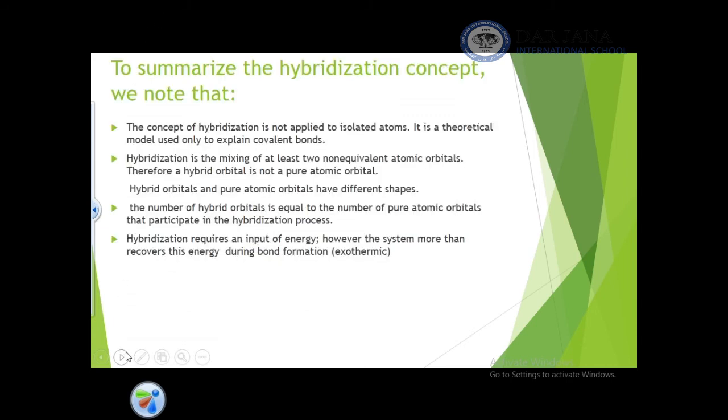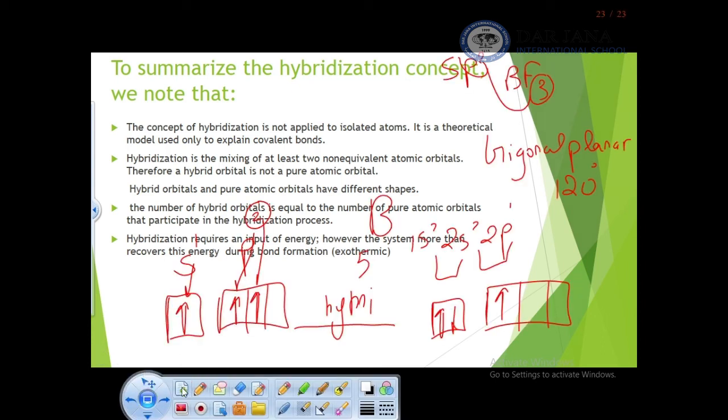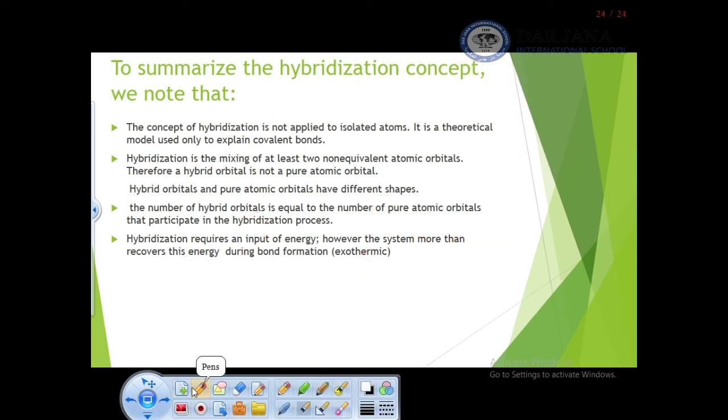So to summarize everything, the concept of hybridization is not applied to isolated atoms. That's an important thing we should know. Two, it's a theoretical model used only to explain covalent bonds.